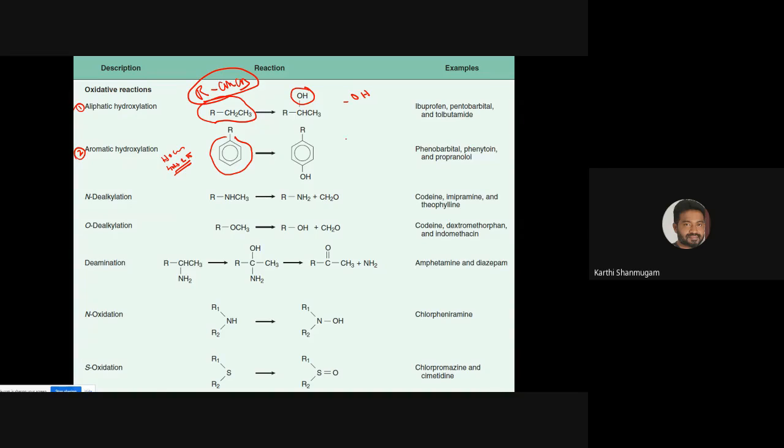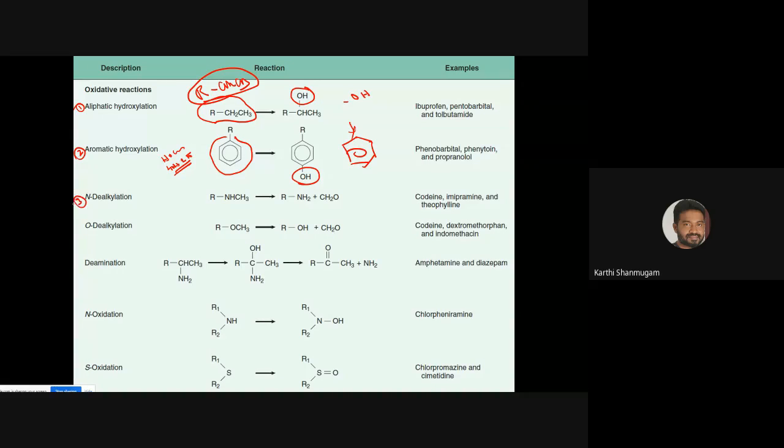So if you take benzene or any similar organic molecule like this, definitely we can say it is an aromatic system, because this molecule obeys Huckel's rule. Here some R group is there, right? After the hydroxylation, what happens? Addition of an OH group. So we can say this second reaction is an example of aromatic hydroxylation.